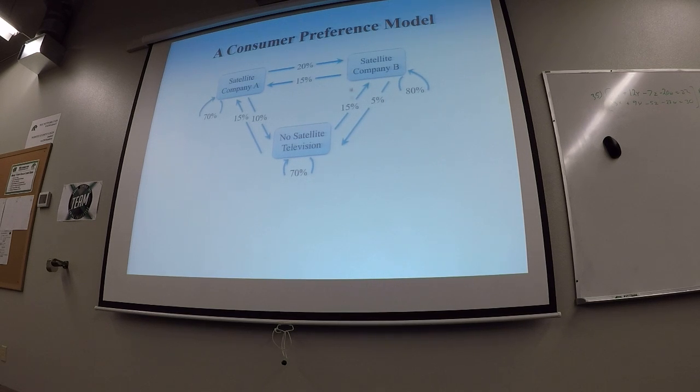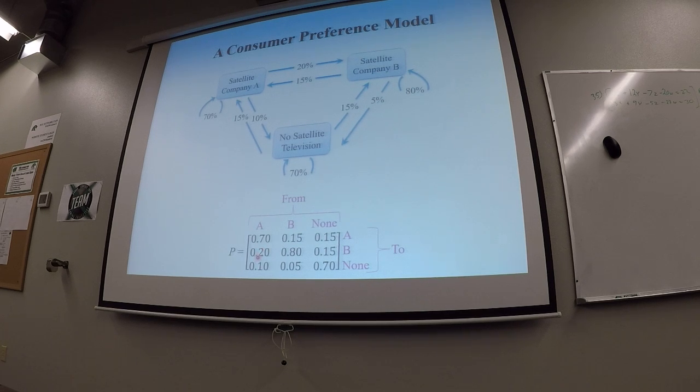So of course they're going to tell you in words and you have to create this picture. Can you do that? It's not too bad. And then from there you're going to make your stochastic matrix. So remember, it's from, to. If I'm with company A, what's the likelihood that I'm going to stay with A? Well, 70%, so 0.7.